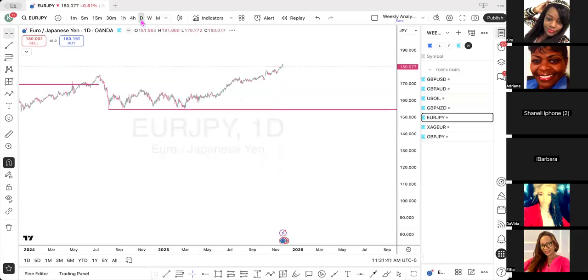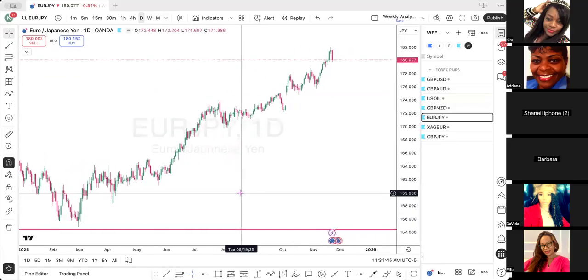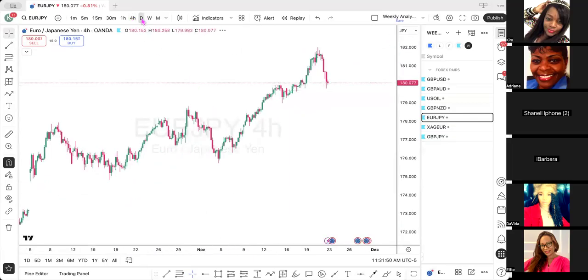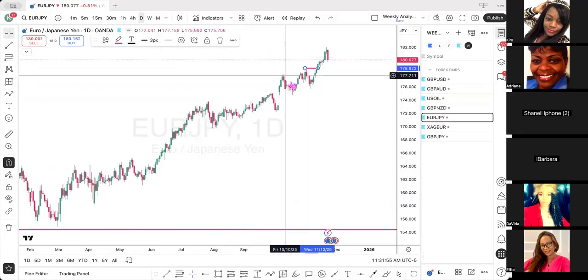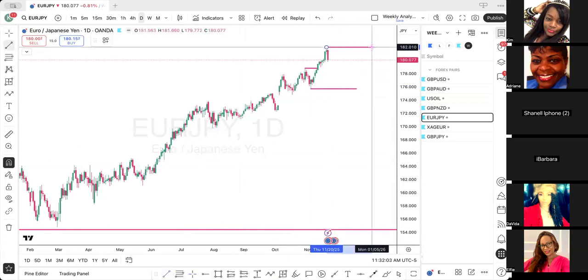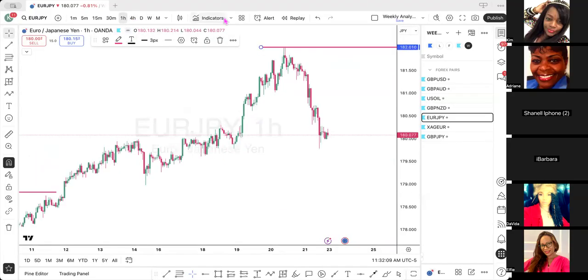So now let's go down to a lower time frame. Let's go to the 4-hour. This is our daily breakup structure, our daily swing low, and of course, this is our swing high. So let's go see if we have a shift in structure anywhere.